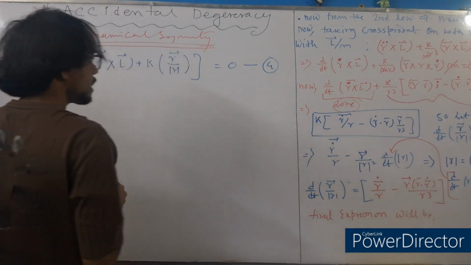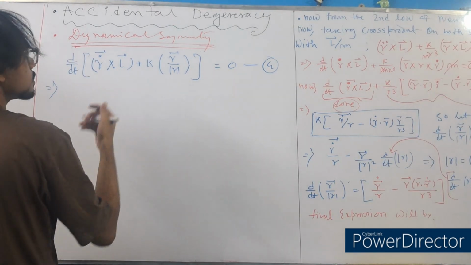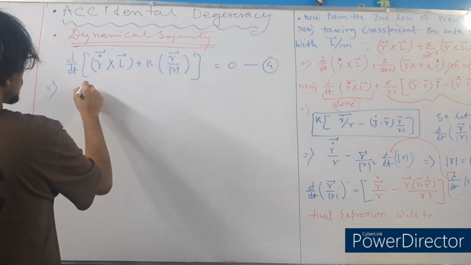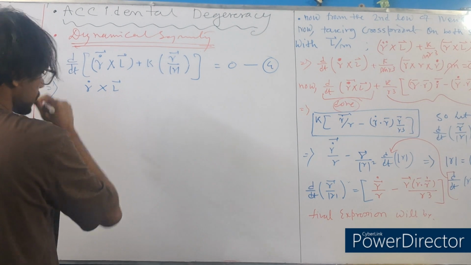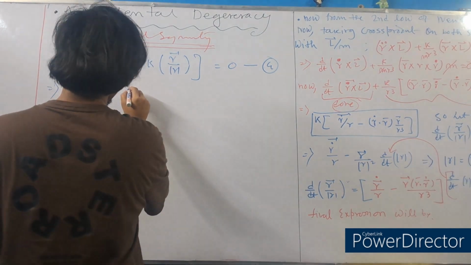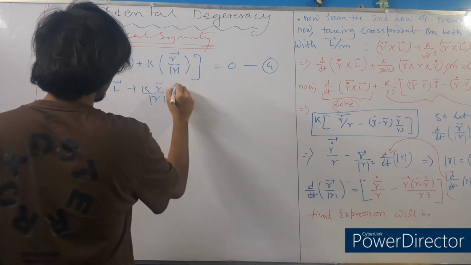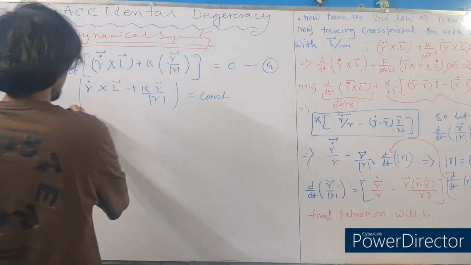Now integrating equation 4, you can do all of that mathematical nonsense. I am not interested. So finally I will end up with r dot cross L plus k r by mod r, this whole thing equal to constant.